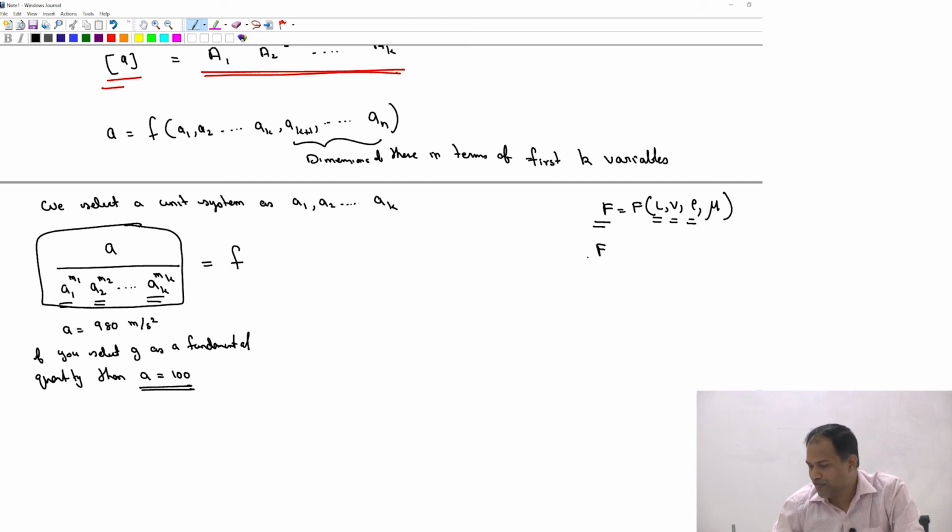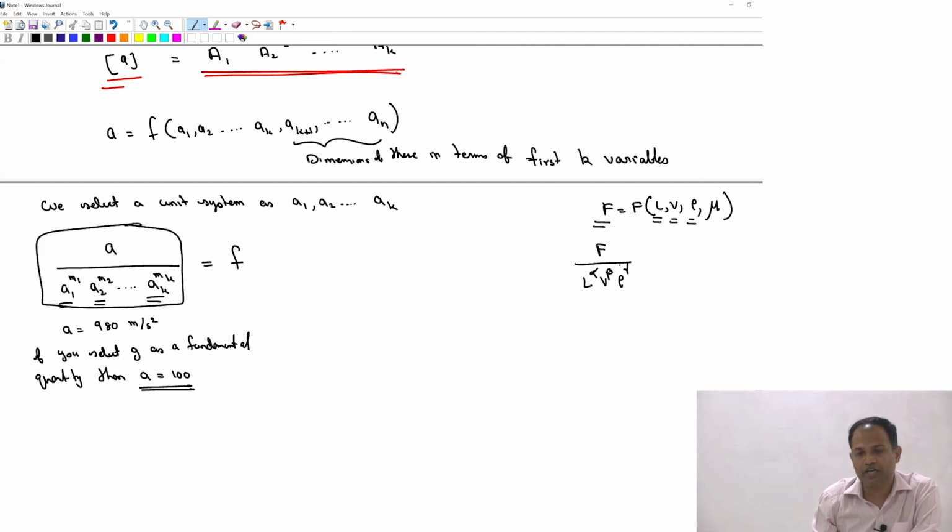If I want to measure F, let's say it's some 10 Newton, not as Newton but in terms of length, velocity and density, then I would write it as L to the power of alpha, V to the power of beta, rho to the power of gamma. Of course, alpha, beta, gamma are to be chosen in such a way that it will have the dimensions of force. So I am selecting A1, A2, etc. up to AK as my units, so that I can measure any variable in terms of the other k variables that I have chosen.